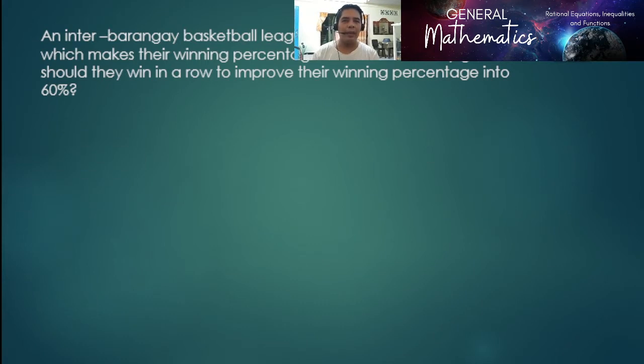An interbarangay basketball team has won 12 out of 25 games. Naglaro na sila ng 25 games, 12 lang ang kanilang naipanalo, which makes their winning percentage 48%. Now the question is, how many games should they win in a row? Ilang games ang dapat nilang maipanalo to improve their winning percentage to 60%.